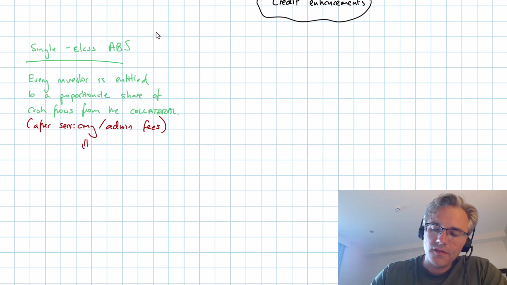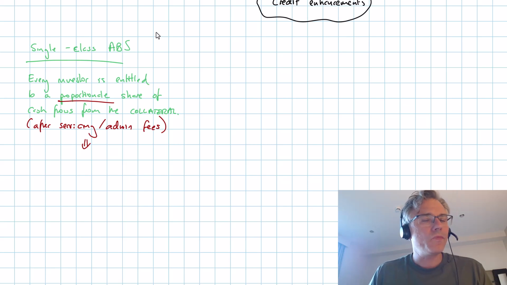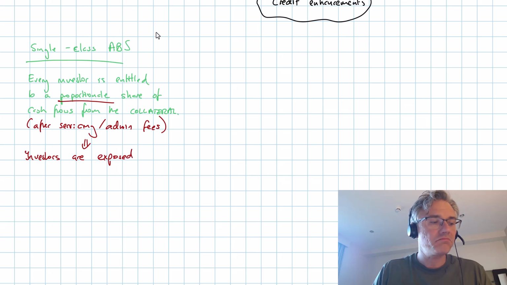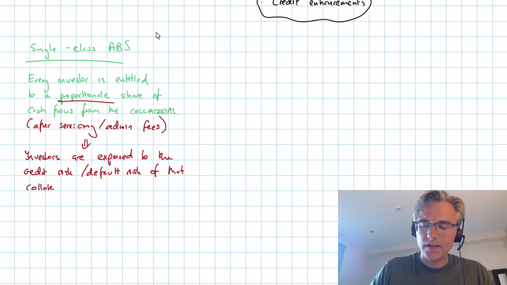And of course, because everybody shares proportionately in the cash flows being received, the investors are going to be exposed to the credit risk or default risk of that collateral, also proportionately.